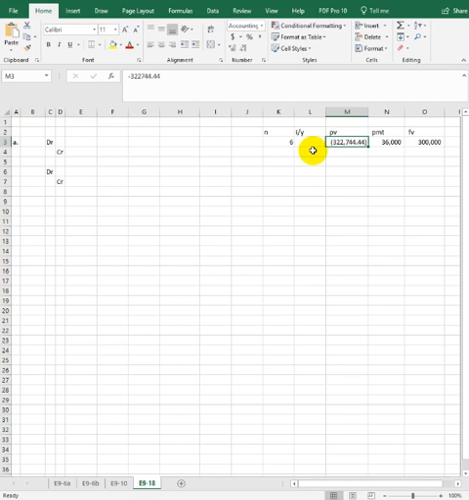Then we'll put in 36,000, the payment. 300,000 is the future value for 6 years. And compute I per Y, and it works out to be 10.24664.